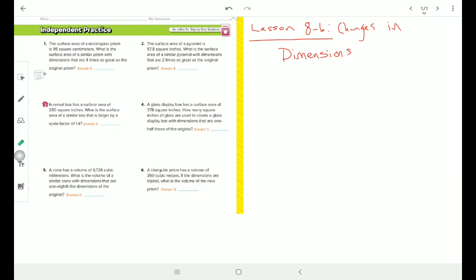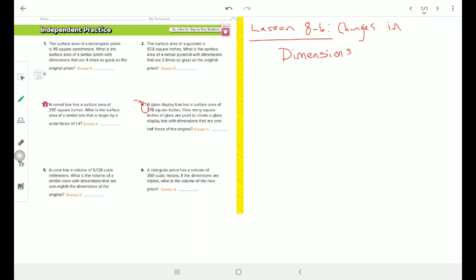So with question 4, once again, 1 through 4, we're dealing with surface area. So you're going to use that first idea where you're squaring your scale factor, right? On question 4, we have a glass display box, and it has a surface area of 378 square inches. How many square inches of glass are used to create a glass display box with dimensions that are 1/2 of those original?